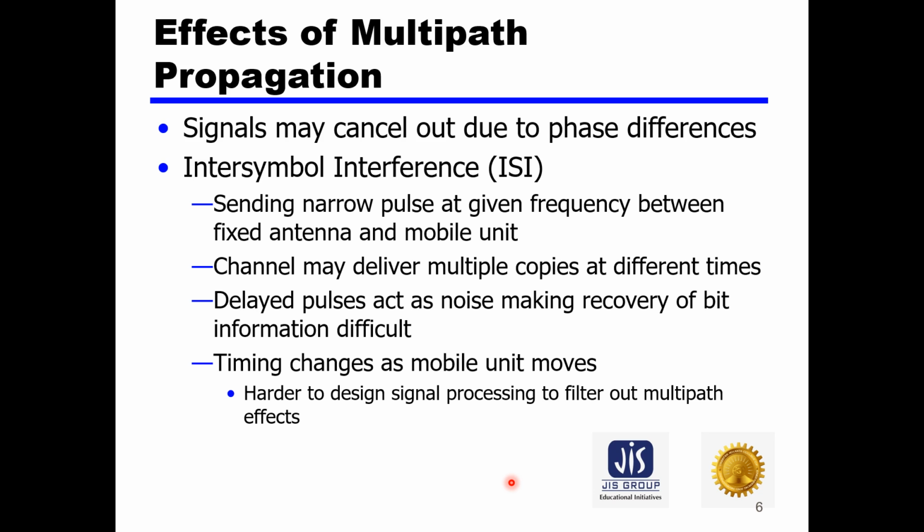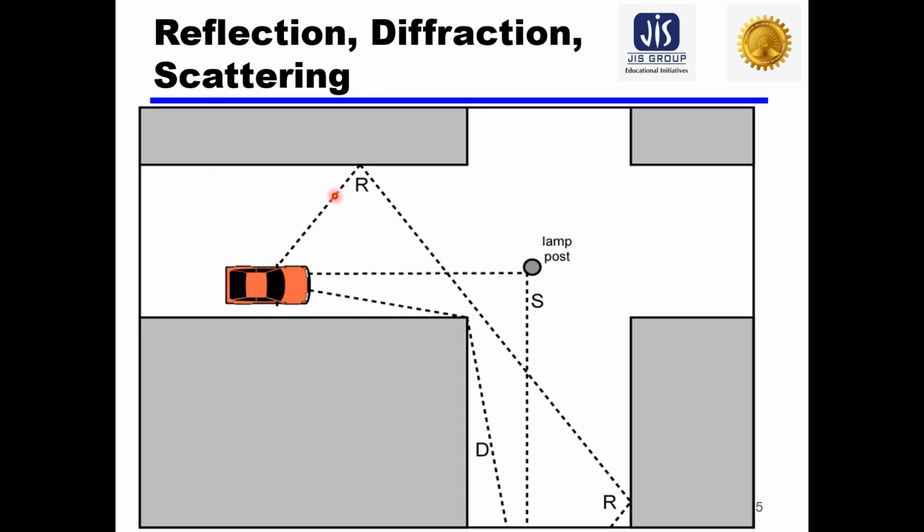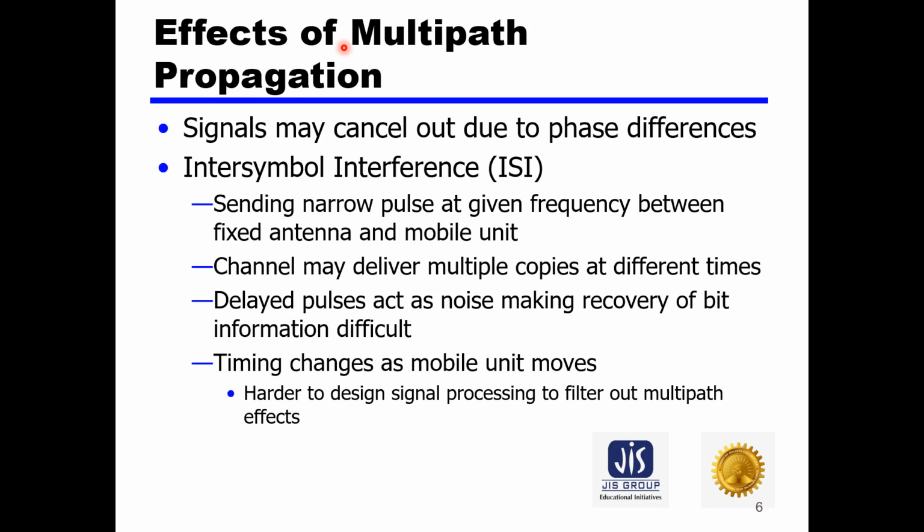Then the effect of multipath propagation. So what is the effect? As in the previous figure, you have seen that in these three ways the signal may be propagated. But what are the effects of this multipath propagation? The signal may cancel out due to phase difference.